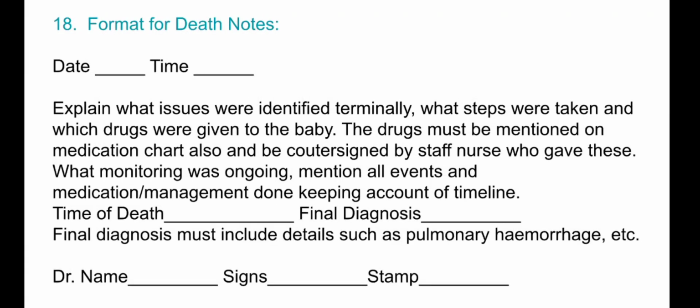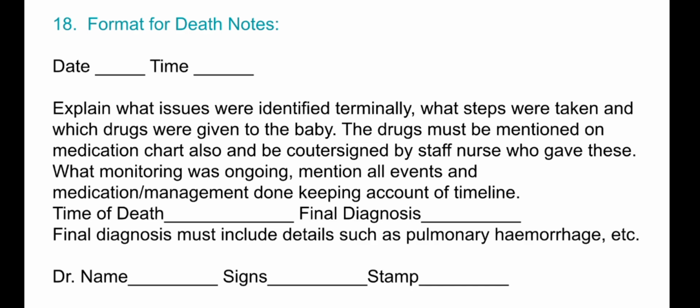Format for death notes: mention date and time of adding notes. Explain what issues were identified terminally, what steps were taken, and which drugs were given to the baby. The drugs must be mentioned on medication chart also and be countersigned by the staff nurse who gave these. What monitoring was ongoing, mention all events and medication management done, keeping account of timeline.